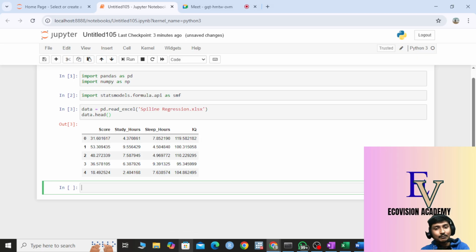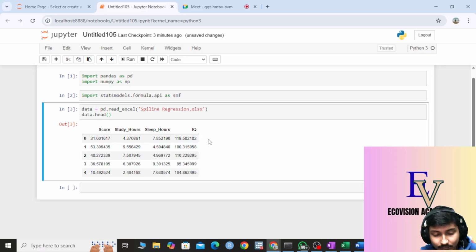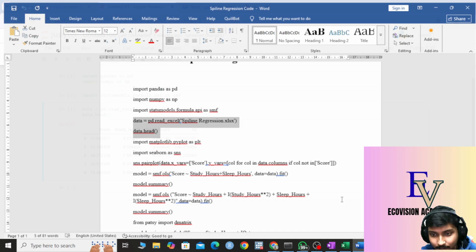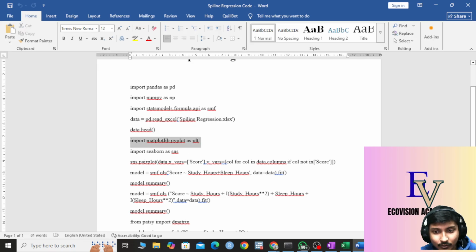After that we want a scatter plot. For data visualizations, which library should we import? Matplotlib. Very good. Import matplotlib.pyplot as plt, and another library, import seaborn as sns.